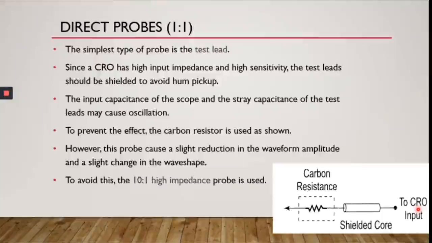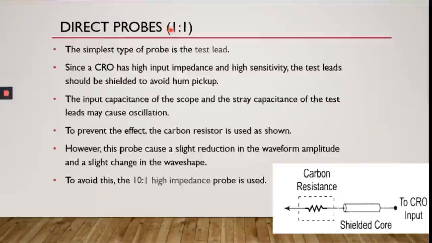Okay, so you can read about the details. The shielded core here is there to protect from measuring noise. When you want to measure a circuit, sometimes there is noise, so we want to protect it from capturing the noise signal.